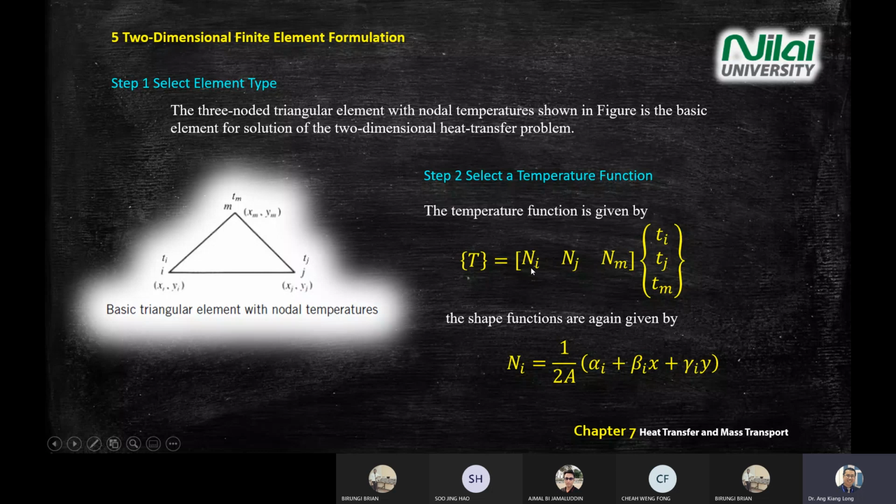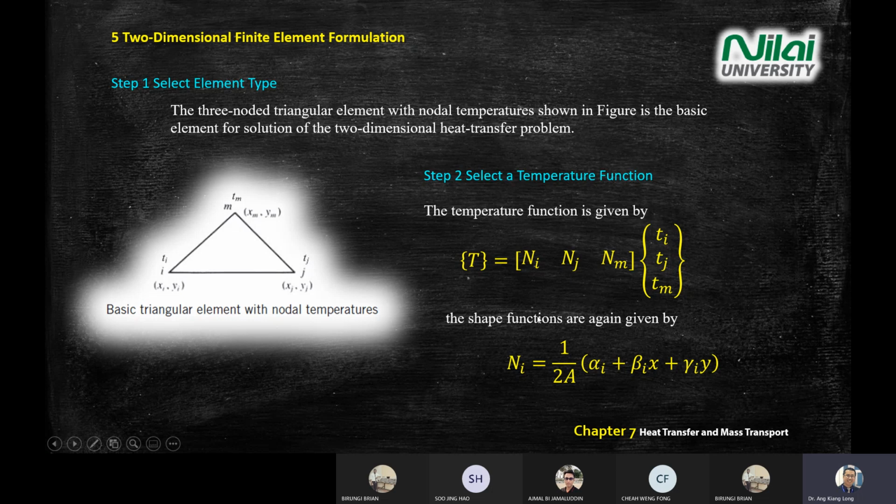Since we have 3 points, our N has 3 components, Ni, Nj, and Nm. And our temperature for point I we label as Ti, for point J, T sub J, and for point M it is T sub M.